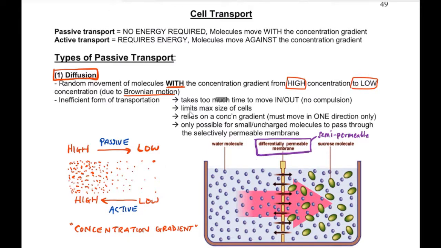Because some cells will actually have to rely on diffusion, something like a bacterium, a very small cell, it's going to limit the size of their cells. Every bacterium, compared to a eukaryotic cell, which is what you have, is somewhere between 10 to 100 times smaller than one of your small cells.